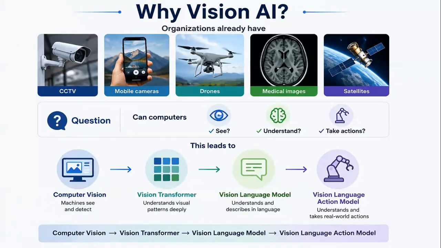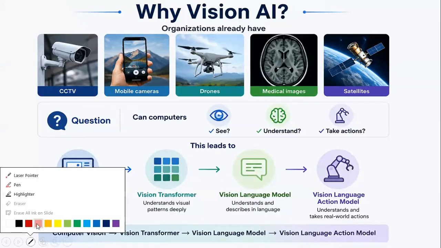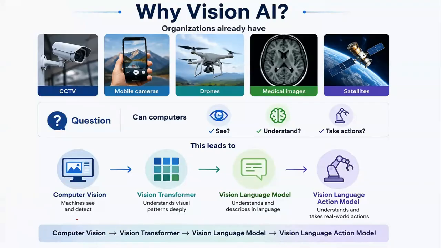That's why in today's session we are going to discuss what is vision transformer, vision language model, and vision language action model. So let's see what is computer vision. As I have added here in the slide, computer vision is where machines can see and detect some parts of the images, like we have seen in the demo. Vision transformer understands visual patterns deeply.